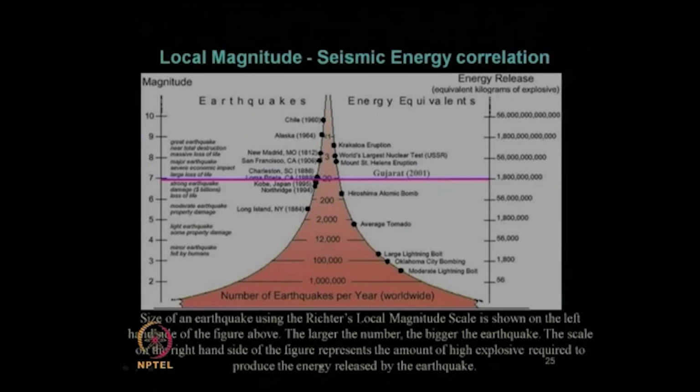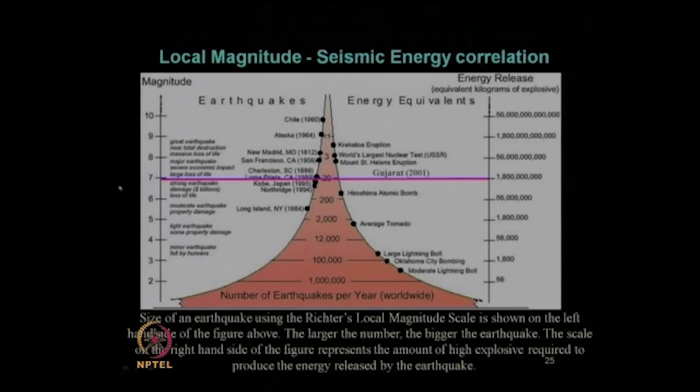The scale on the right hand side shows the amount of high explosives which are required to produce the same amount of energy which is released during that magnitude of earthquake. That means, to equalize the energy, these are the equivalent kilograms of explosive you require to get such a magnitude of earthquake.